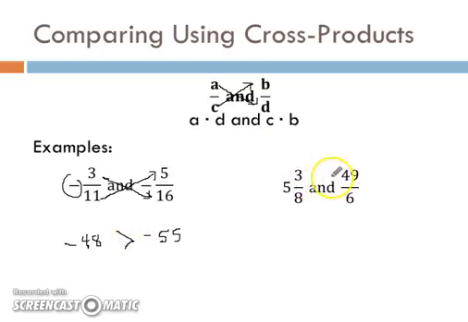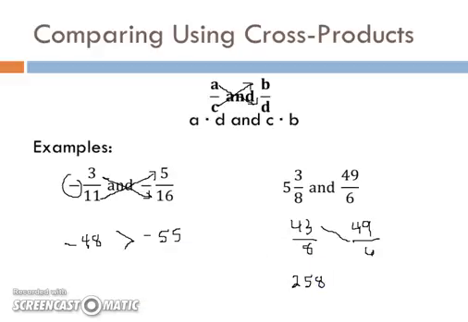This other one, they're mixed numbers and an improper fraction. You first want to rewrite this to be an improper fraction. So 5 times 8 is 40. 40 plus 3. This is actually 43/8, and comparing that with 49/6. So using our cross products, 43 times 6, we end up with 258.